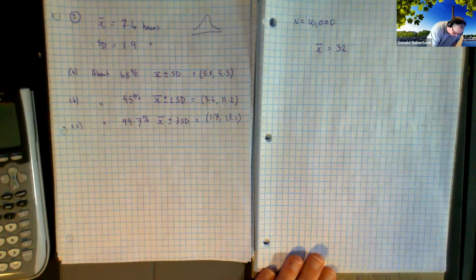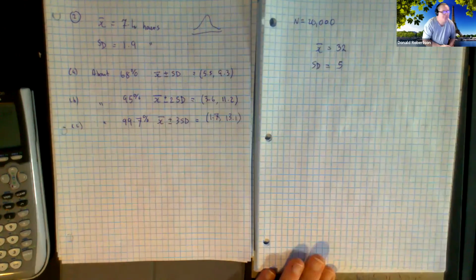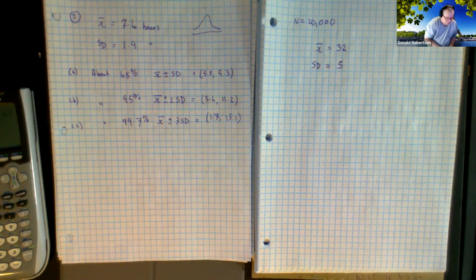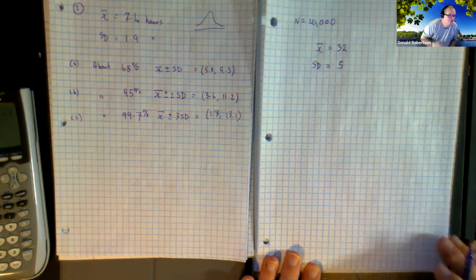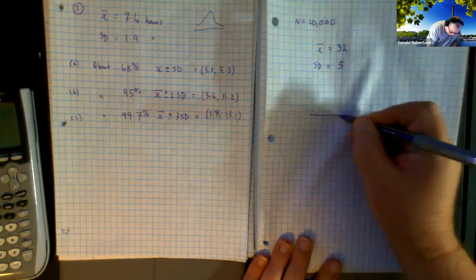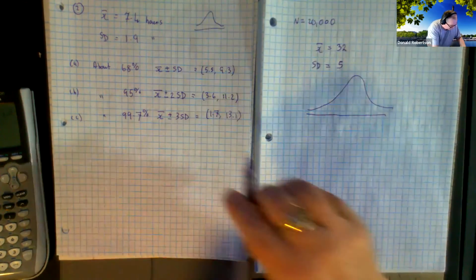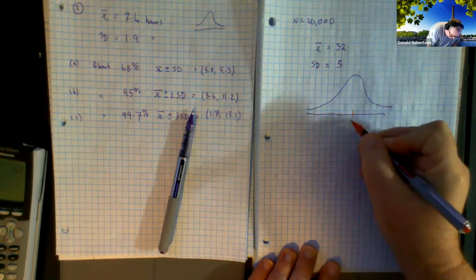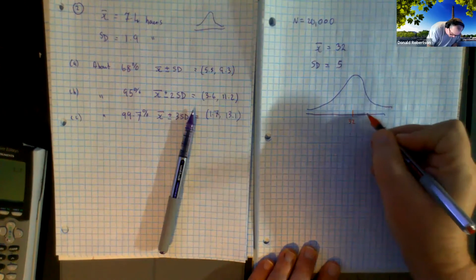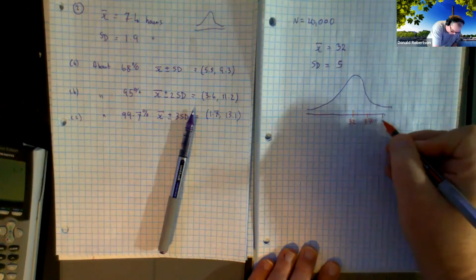And the standard deviation for adult males is 5. Now I'm going to create the bell shape data for that, and then I'll show you one of the uses that they do with this kind of medical data, but you can imagine it would be real medical data rather than this made up number. Right, so right in the middle goes 32. I'm picking 5 because it's easy for my brain to keep adding 5s to things.